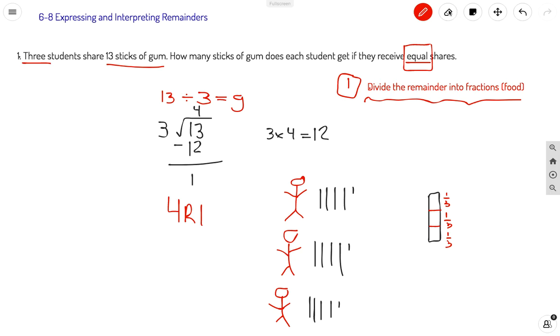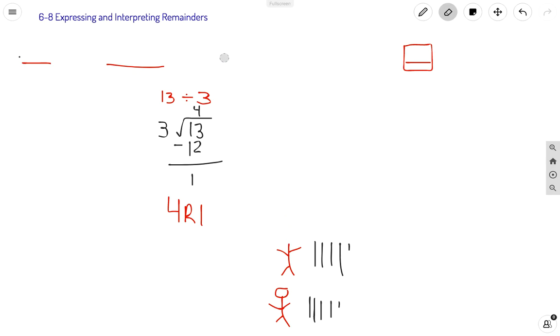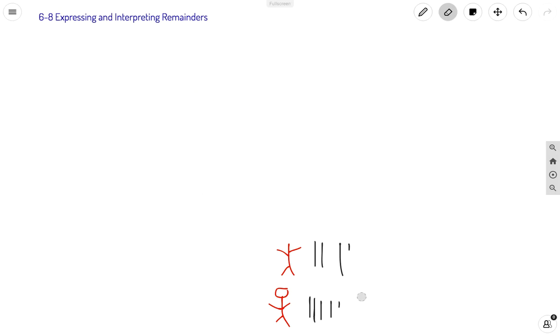If we look at our next way that we can interpret story problems, I'm going to type an entirely new story problem.